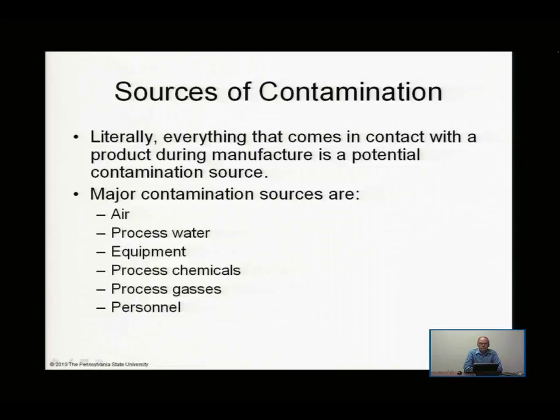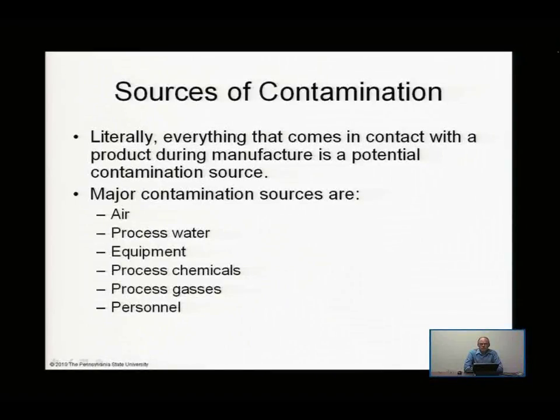Sources of contamination, then, just to re-emphasize this, literally everything that comes into contact with a product during its manufacturing is a potential contamination source. Whether it comes from the environment, from humans, from the equipment, it's a contamination. Anything that comes in contact is a potential contamination source. So just to summarize what we've been saying, the major contamination sources are air. We talked about pollen and dust and viruses.